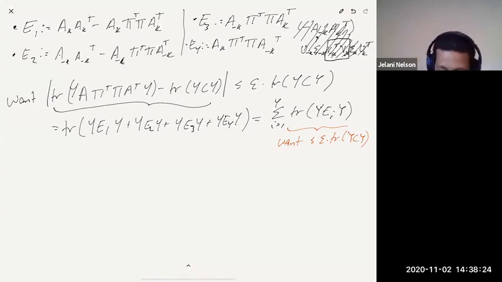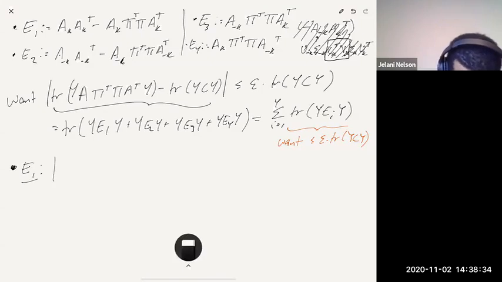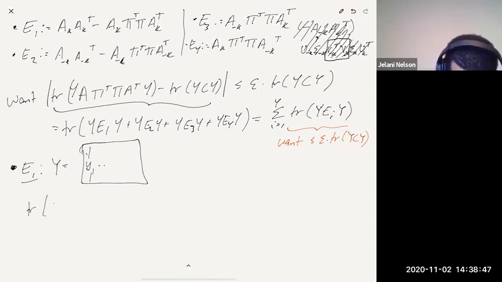Let's just do them one at a time. So let's now focus on E1. Let's just say that Y is a matrix. It has certain columns. Let's just call these columns Y1 up to, etc. The trace of YE1Y, what is that?